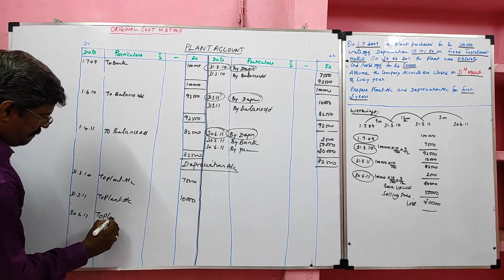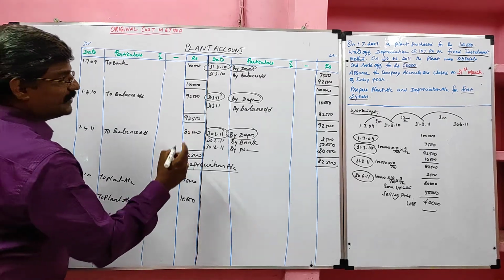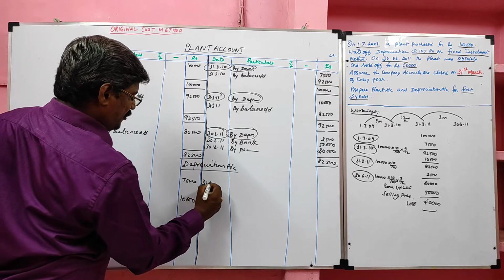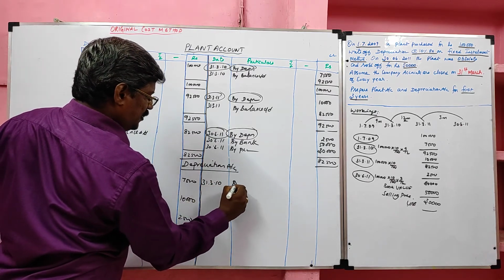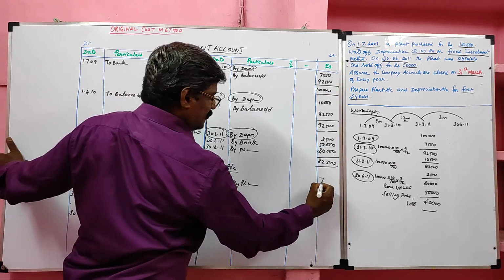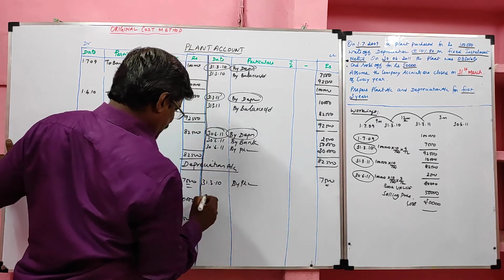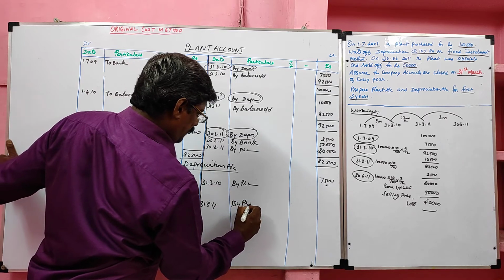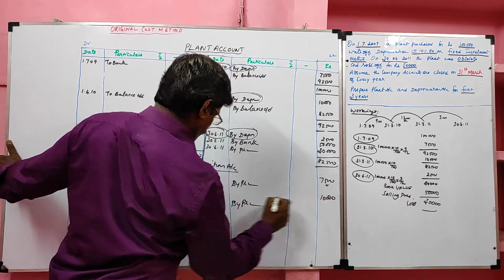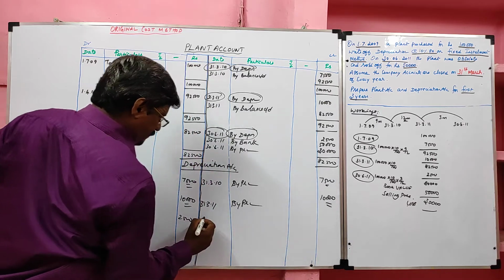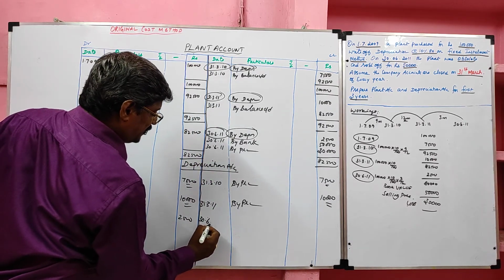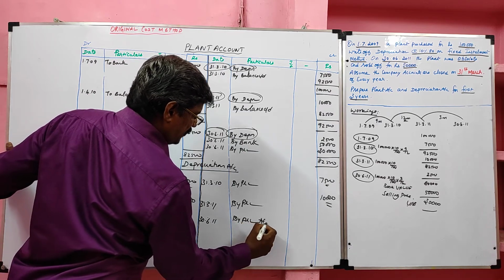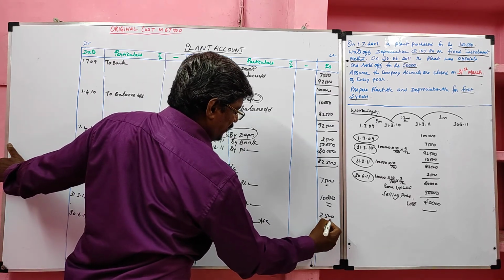To plant, third year depreciation is 2,500. On the same date, the same value of depreciation should be transferred to the profit and loss account. By profit and loss account, 7,500. Then second year depreciation by profit and loss account, 10,000. Third year, they are closing accounts on 30th June 2011, by profit and loss account, third year depreciation is 2,500.